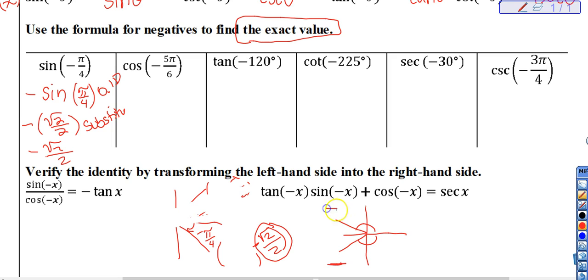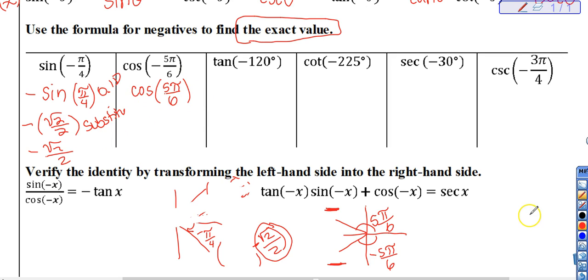Here's what I know about the cosine of positive 5 pi over 6. So their cosines are equal. So the cosine of positive 5 pi over 6 is equivalent to the cosine of negative 5 pi over 6. Truth? So I can replace cosine of negative 5 pi over 6 with cosine of positive 5 pi over 6. Their values are the same.